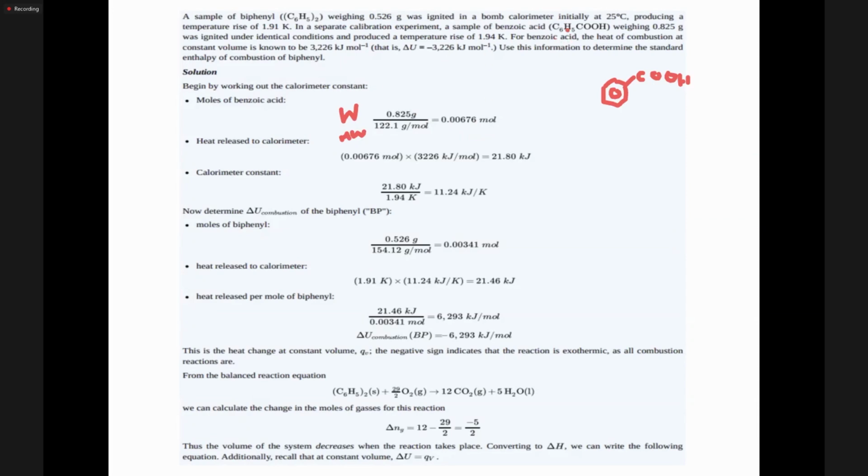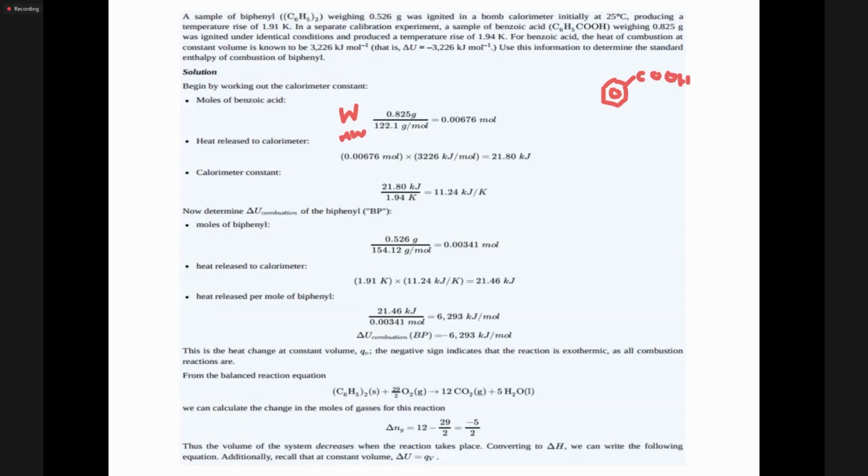Now, what is the heat released to the calorimeter? For benzoic acid, the heat of combustion at constant volume is 3226 kilojoule per mole. So for one mole of benzoic acid, the heat release is 3226 kilojoule.